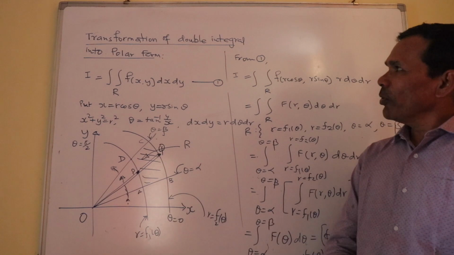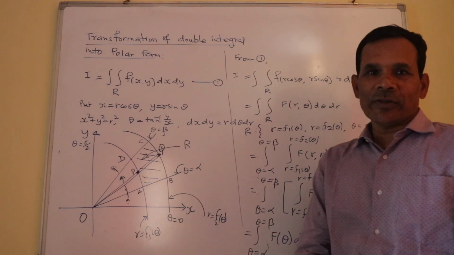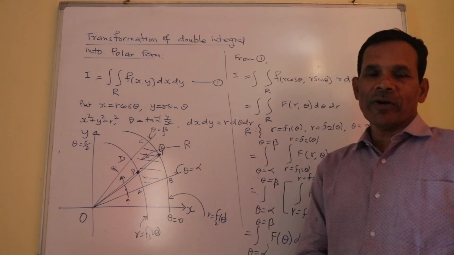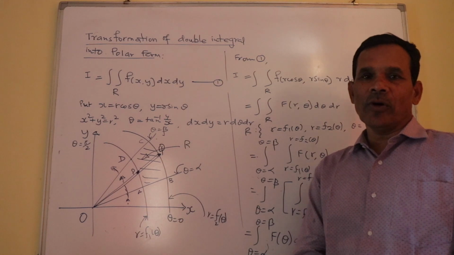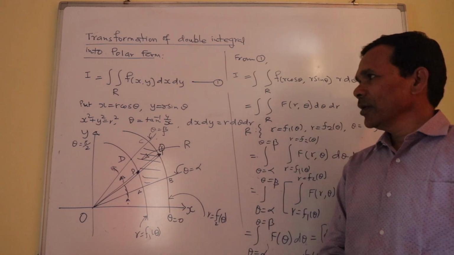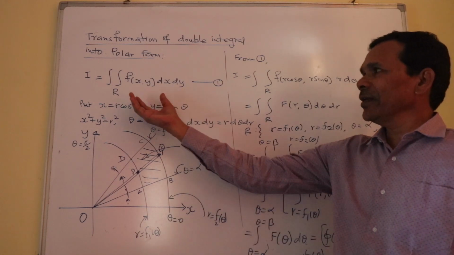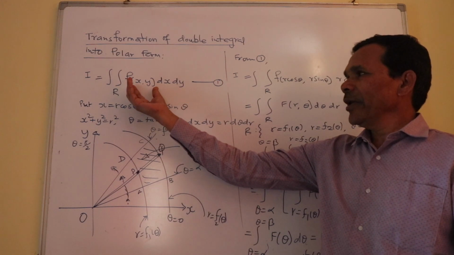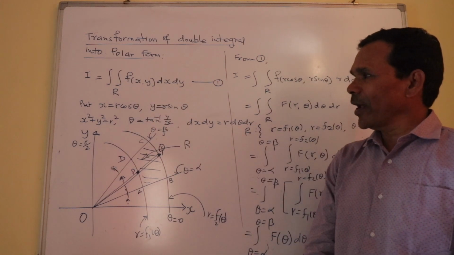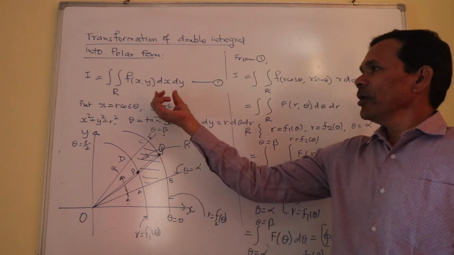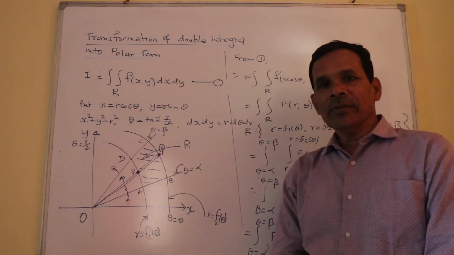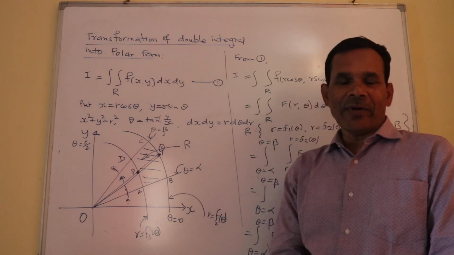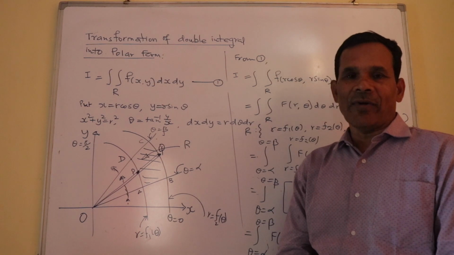See how to transform a double integral into polar coordinates, polar form, and why it is required to transform a double integral into polar coordinates. The reason is that mostly the integral where the integrand f of xy, it is not possible to find out the integral value in terms of x and y.